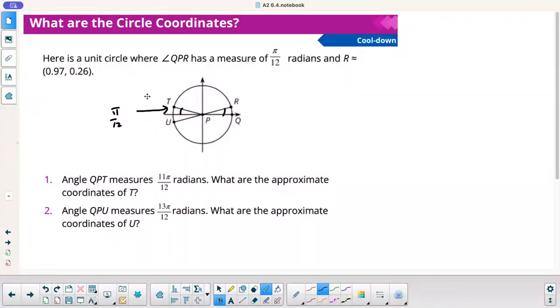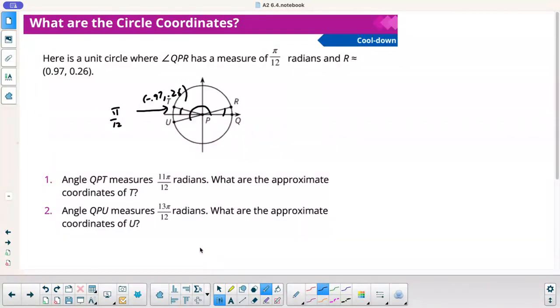So the y-coordinate is going to stay the same. The x-coordinate will be negative, though. And so it's going to be negative 0.7 and then positive 0.26. And then this is 13 pi over 2 to get all the way to there.